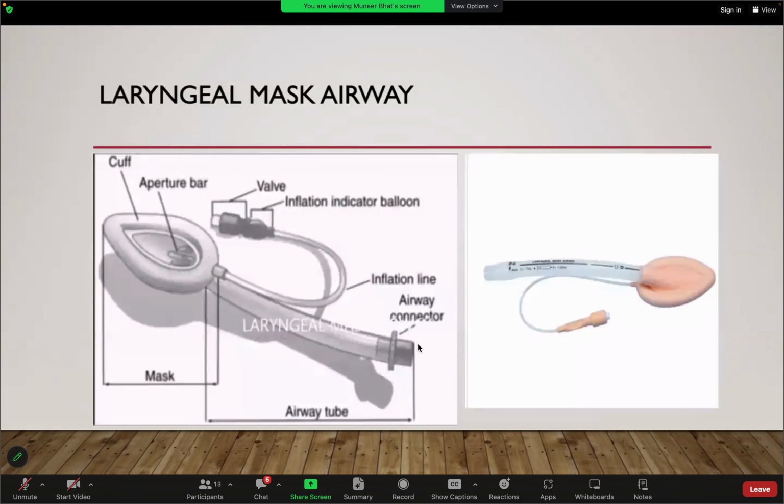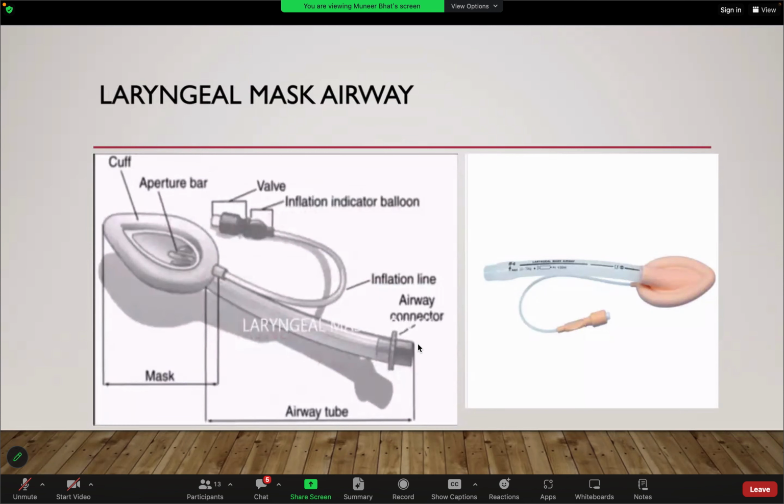Now, the other is what is known as the laryngeal mask airway. This is one of the important instruments that we use for airway management. The beauty of this laryngeal mask airway is that you don't need high skills to put it in.